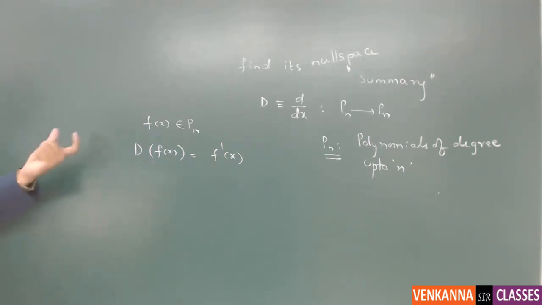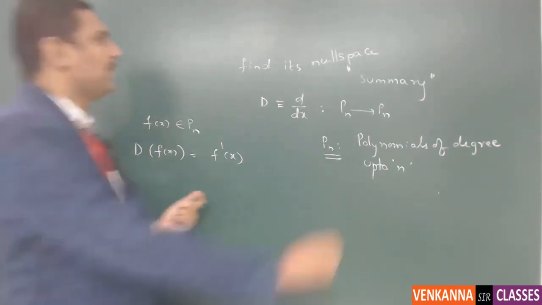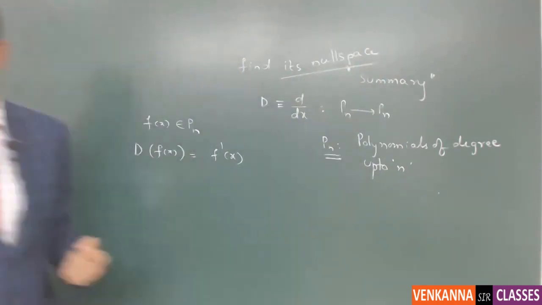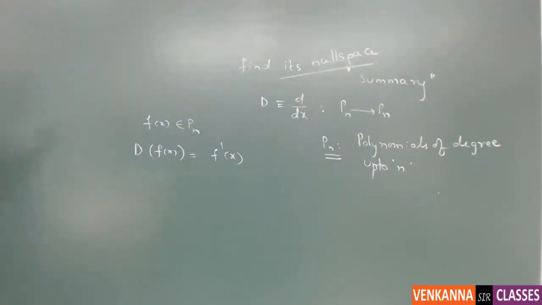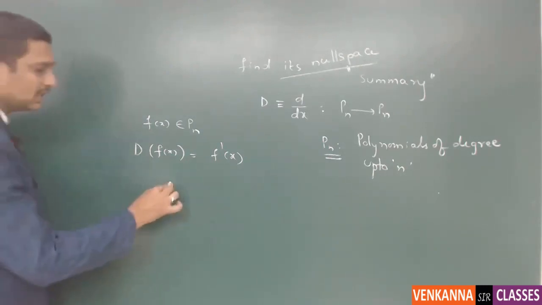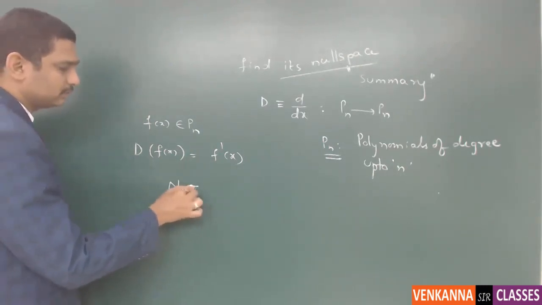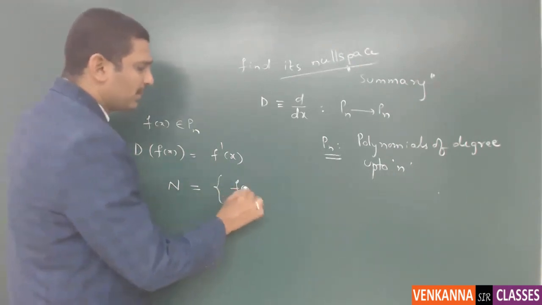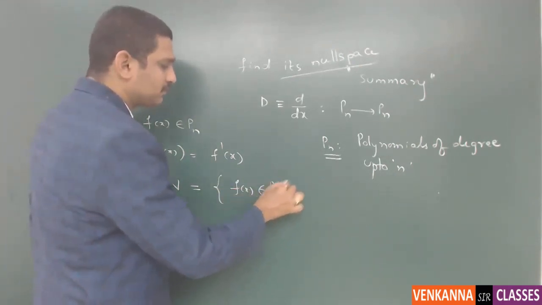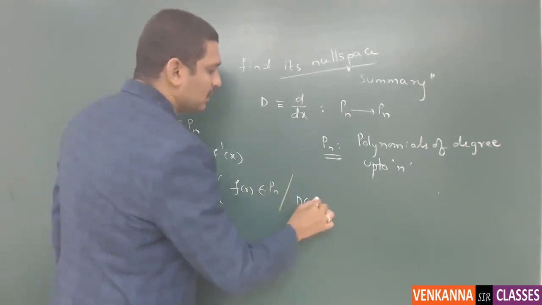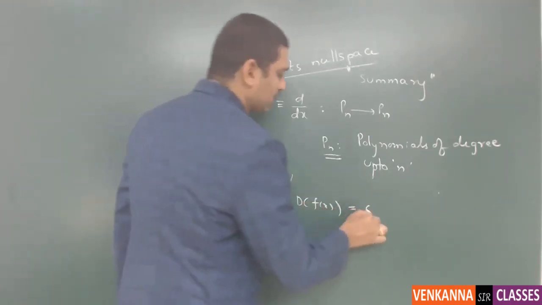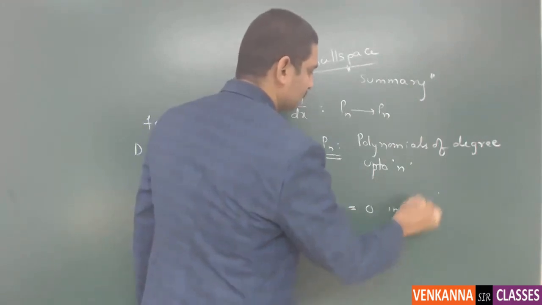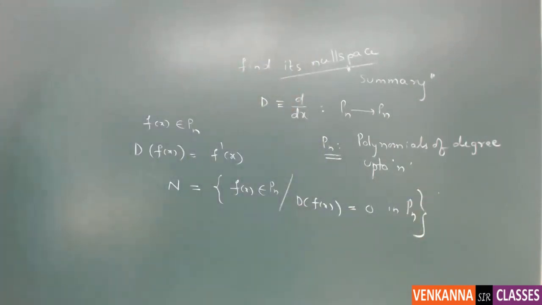Now the question is, if I have considered the transformation d on Pn, what will be its null space? If you consider its null space, the definition is the set of all polynomials in Pn such that d of f of x is equal to 0 in Pn, because here the domain and codomain are both the same.